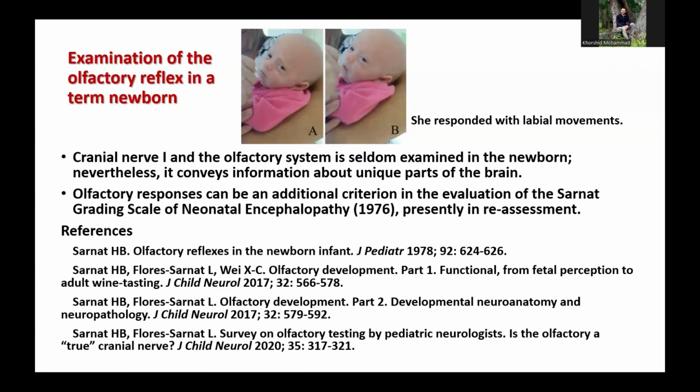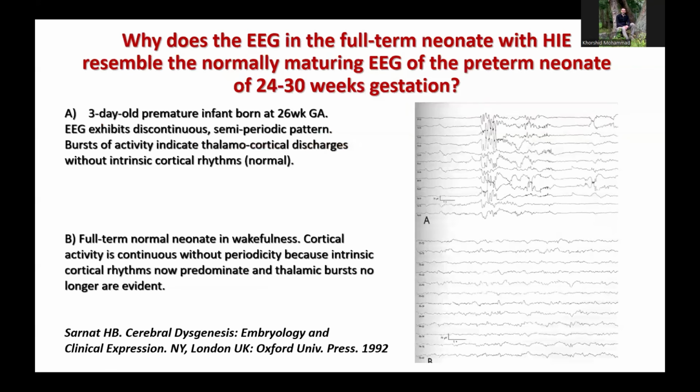Now, to look at the EEG in the full-term neonate, it resembles the maturing EEG of the preterm neonate of 24 to 30 weeks gestation, because you see a semi-periodic pattern of bursts of activity, and then you have very low amplitude or almost flat activity in the interburst periods every few seconds.